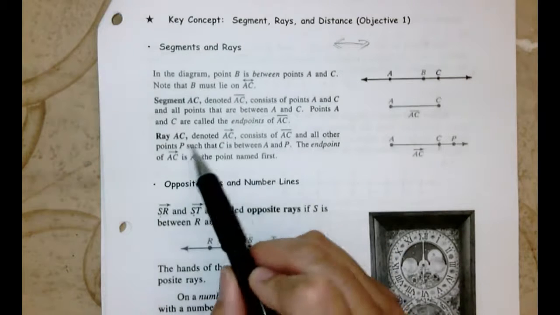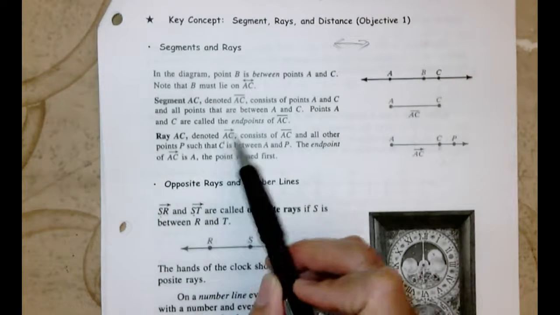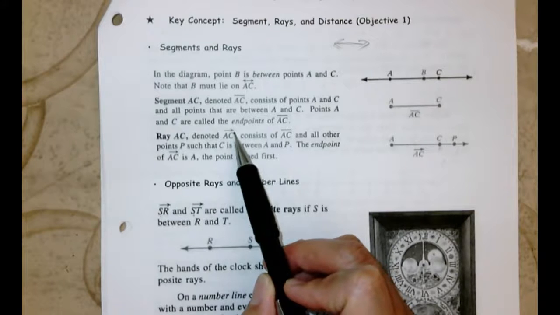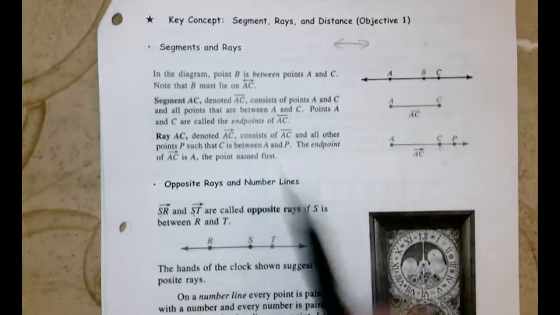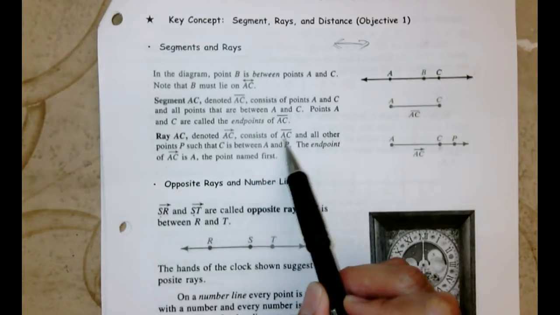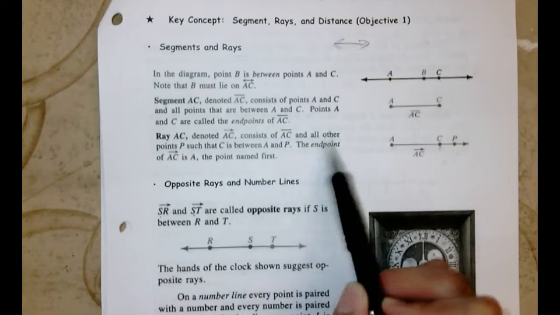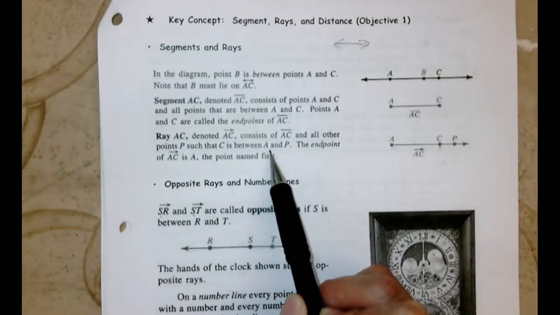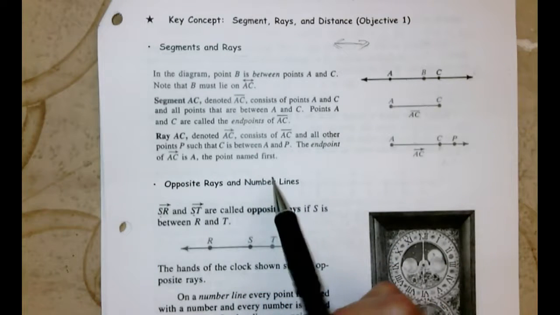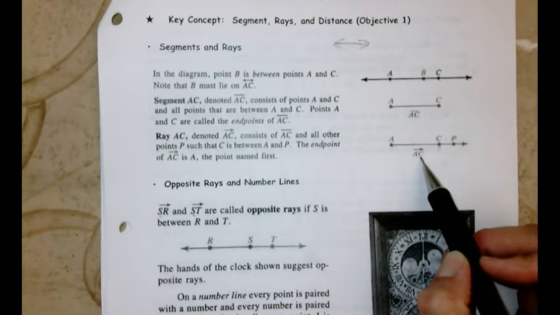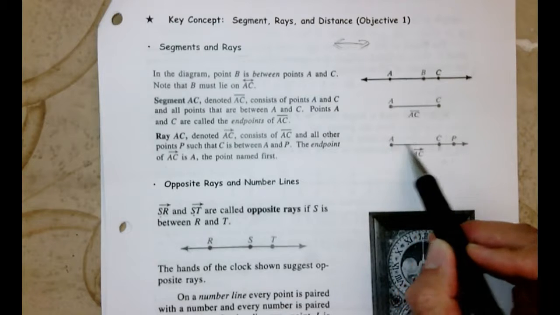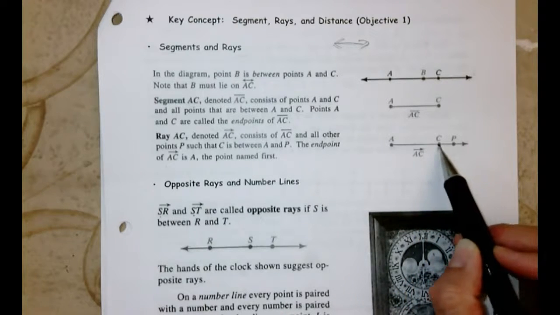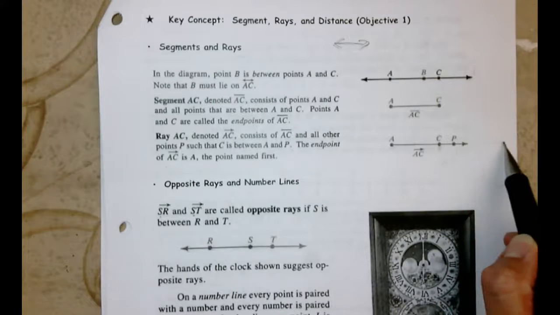Ray AC, on the other hand, is denoted with this kind of sign, which has one arrow on one side. It consists of segment AC and all other points P such that C is between A and P. What it's saying is that ray AC starts with A, goes through C, and also includes all the points to infinity in that direction, the C direction.